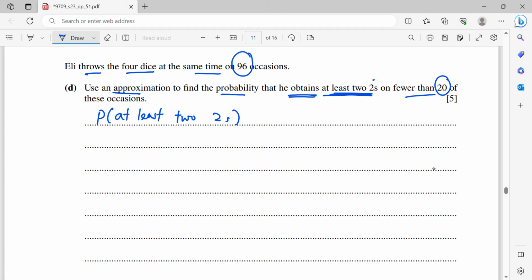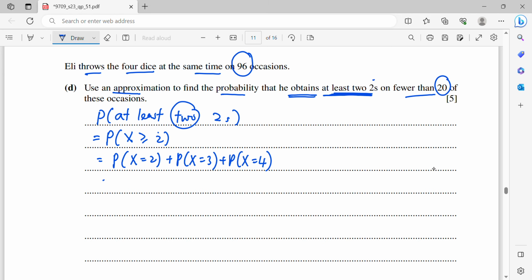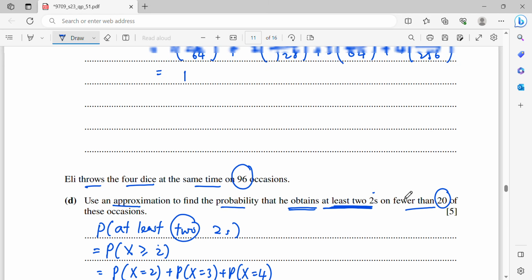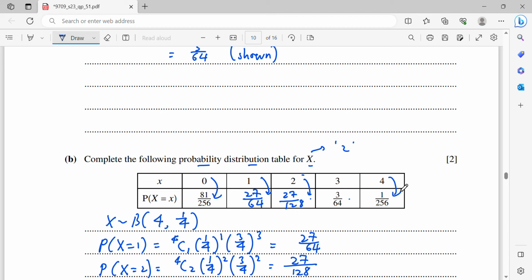So this is the same as P(X ≥ 2). This 2 is because of this 2 here. Alright, so it will be P(X = 2) plus P(X = 3) plus P(X = 4) because he's tossing 4 dice. So just add up all the probabilities.